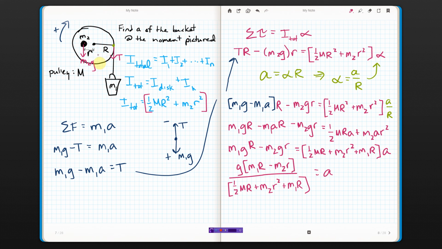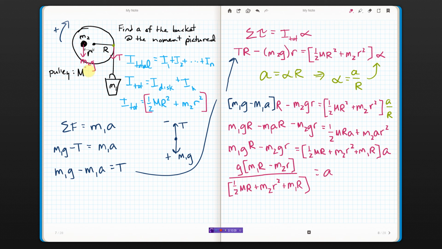And if I'm releasing it at this moment, I think it's fairly obvious that, well, okay, it's not fairly obvious. If M1 is bigger than M2, for sure the bucket will win and this will unroll.